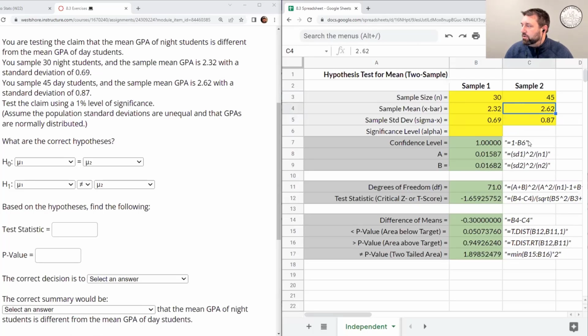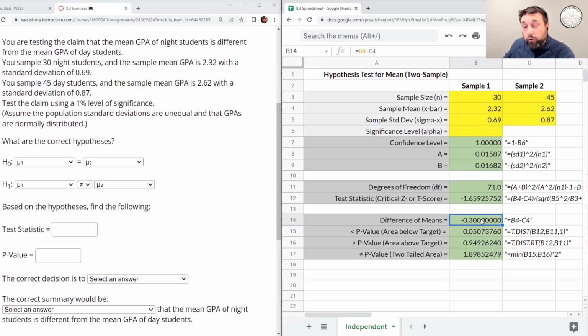So right away, looking up here, you can see the difference between them, if you subtract them down here in row 14. See the difference of the means? 0.3. So the evening students, group number 1, have a lower GPA, but maybe that's because we happened to pick 30 students in the evening classes that are the bottom 30 students.